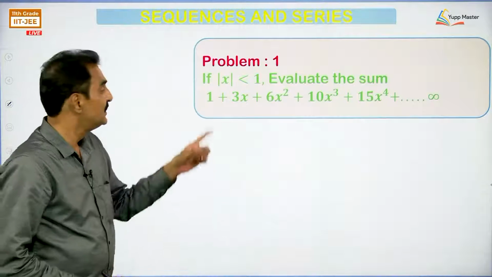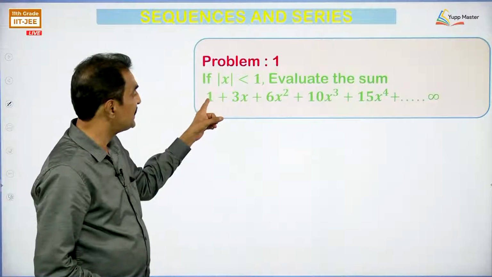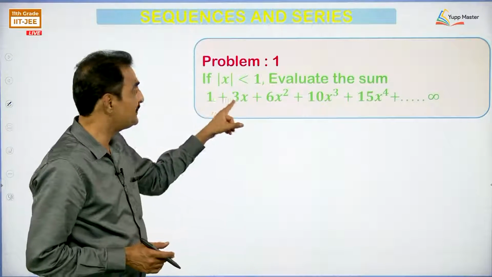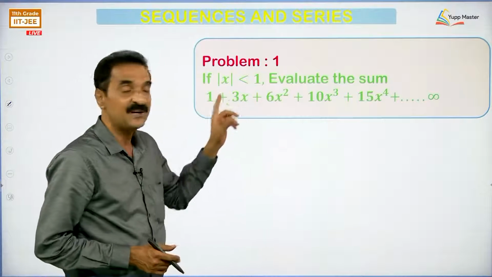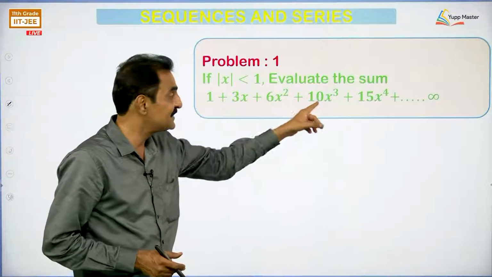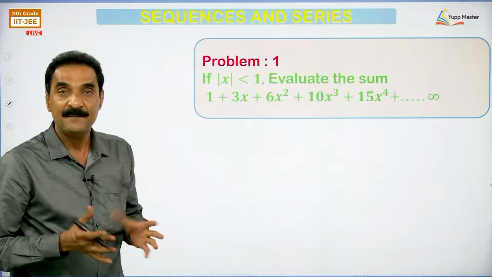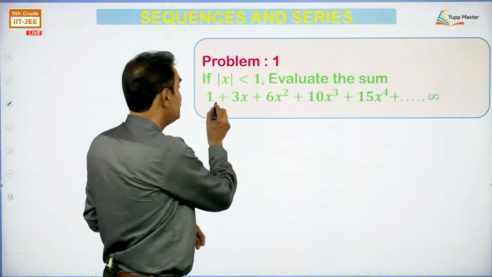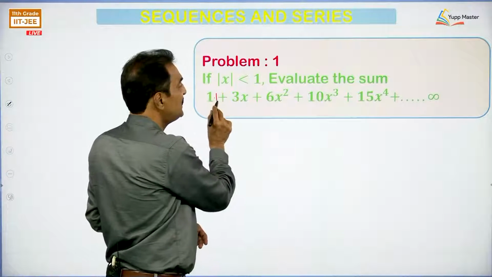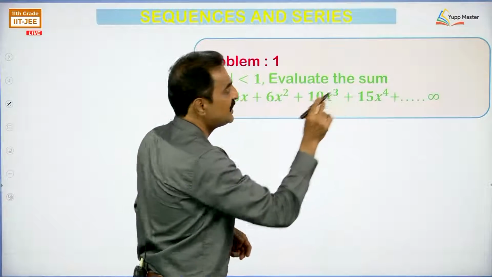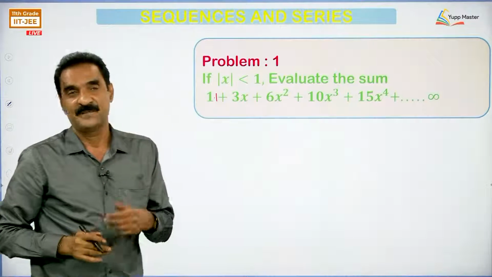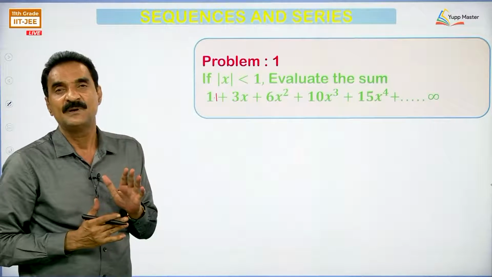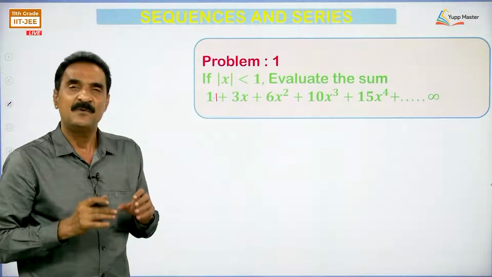No, because the first factors are 1, 3, 6, 10, 15, that is not an AP. The difference between 1 and 3 is 2, between 3 and 6 is 3, between 6 and 10 is 4, so the difference is not remaining the same. But the second factors are in GP: 1, x, x square and so on. So, when the second factors are in GP, whatever be the first factors, we follow the same method.